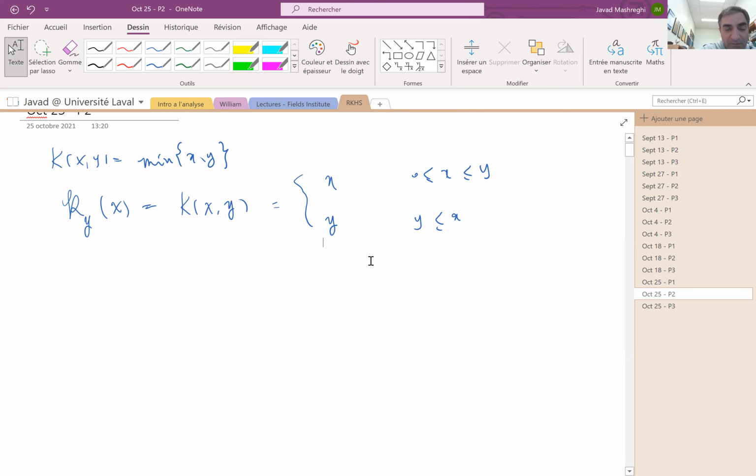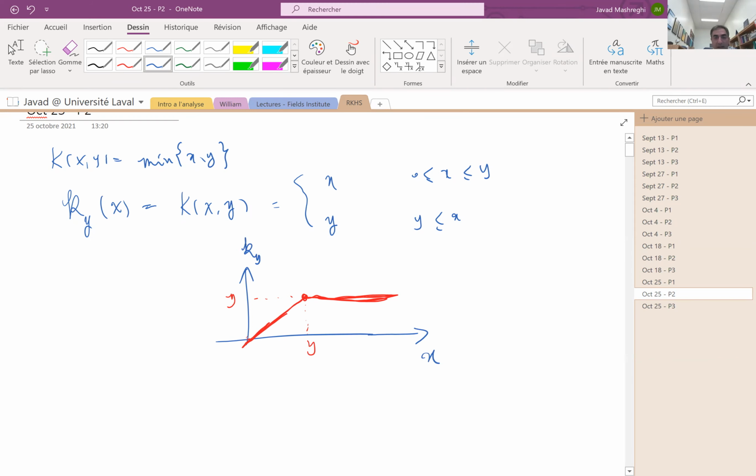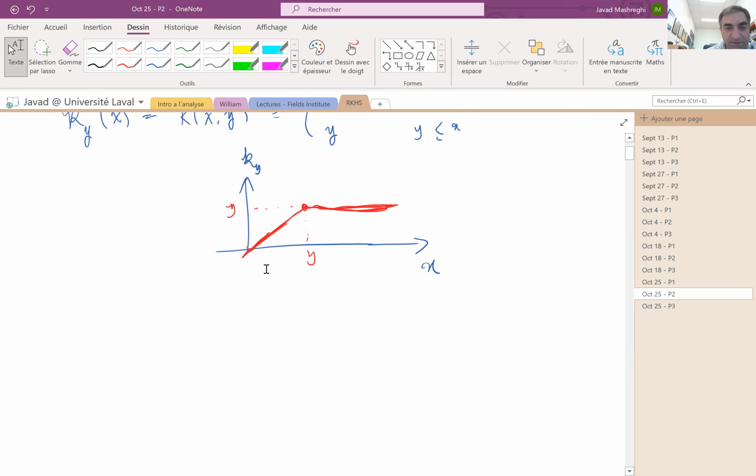So the diagram of k_y is like this. And at point y, it becomes constant. Our argument is x. And elements of W are linear combinations of this.